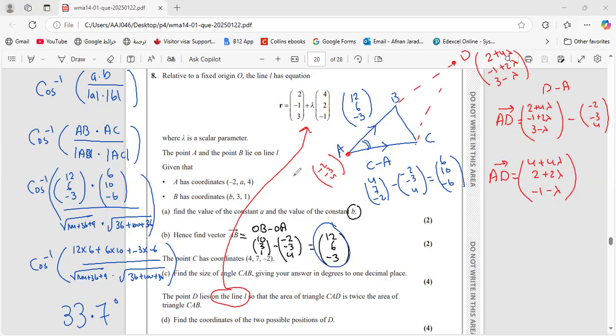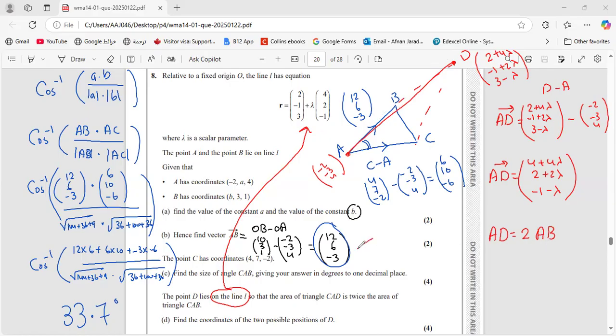Also, since the area is twice, AD must be twice AB. So AD equals 2AB.